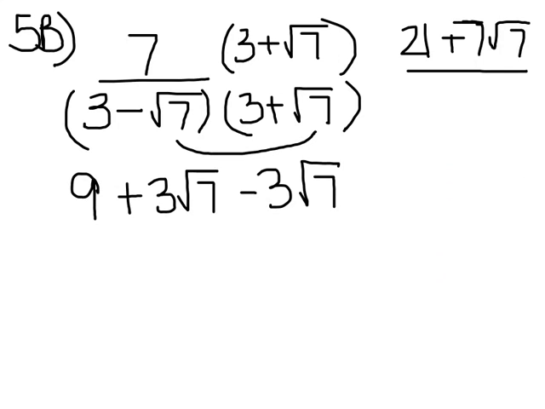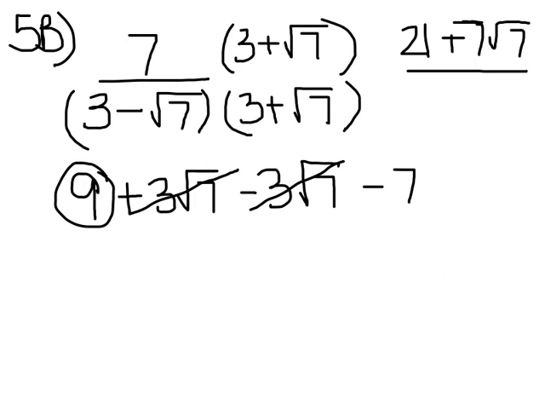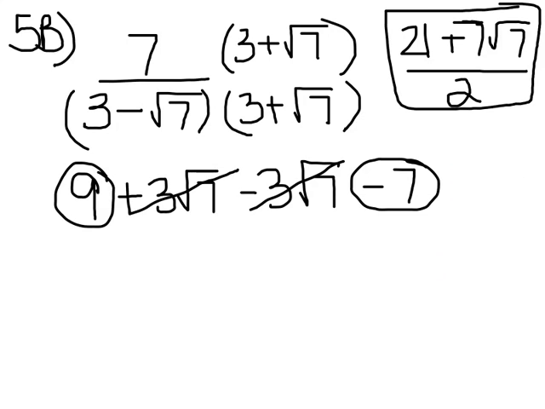And negative radical 7 times positive radical 7 will give us a negative radical 49. The square root of 49 is 7, so let's just change that right now to a 7. And then we'll combine our middle terms, 3 radical 7 and a negative 3 radical 7 cross off, and we're left with 9 minus 7, which is 2. This gives us our final answer as 21 plus 7 radical 7 over 2.